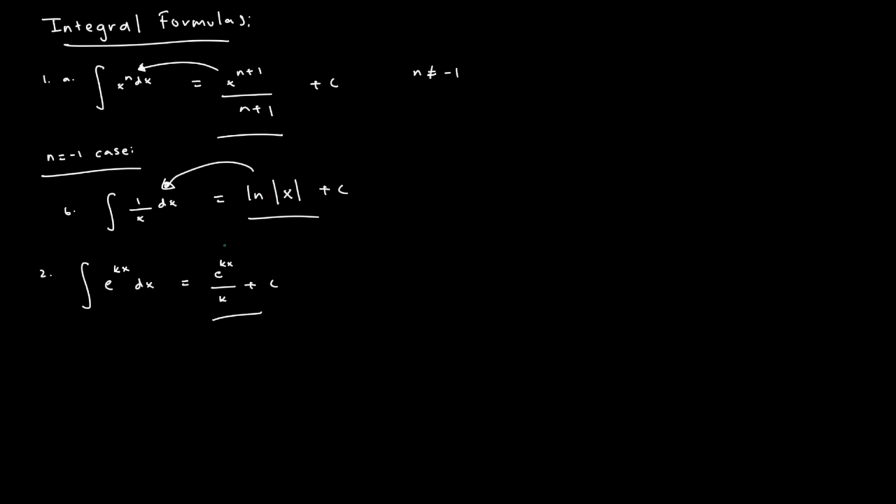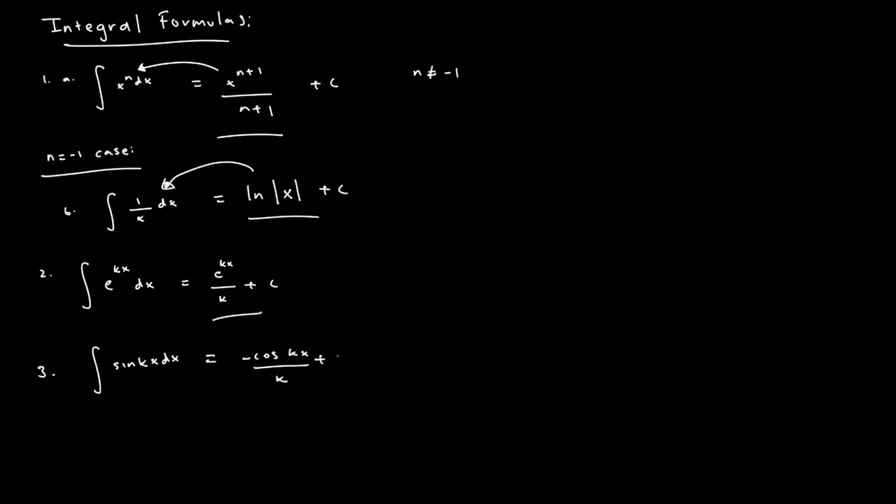All right, so we did the power function. Now let's do the sine function. The integral of sine kx times dx, where k is again a constant, is simply equal to minus cosine kx over k, plus c.